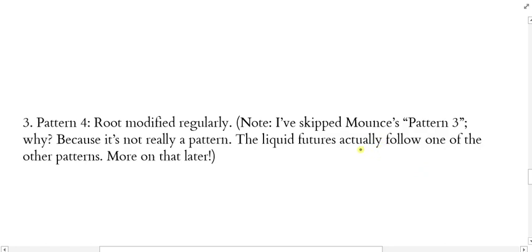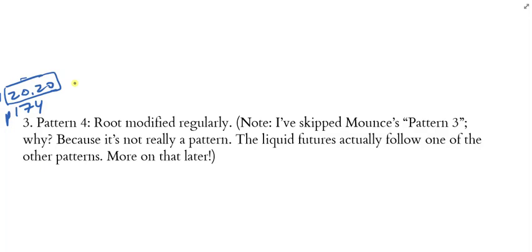Now, so let's skip over to pattern number 4, which is on page 174. So we'll jot that down here. Page 174. And this is beginning with 2020 vision. All right. So take a look here at what he says.